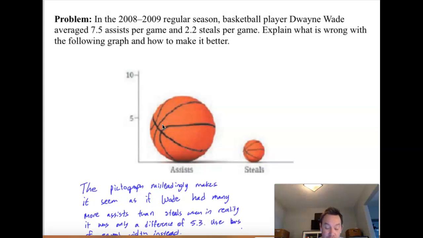So I can kind of draw that over it. So assists were 7.5, which should be about right there. And then steals right here.